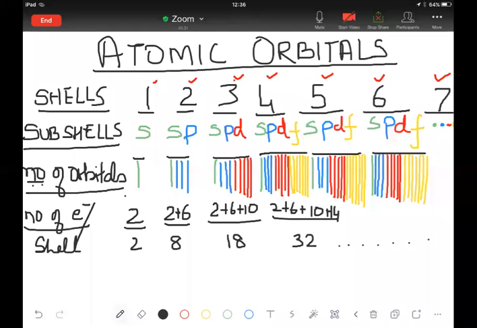Beginning with the first shell, all the shells have an S. So you have 1S, 2S, 3S, 4S. All the S are there and they are the first ones. Each S subshell is spherical in shape and it is present as the first one.